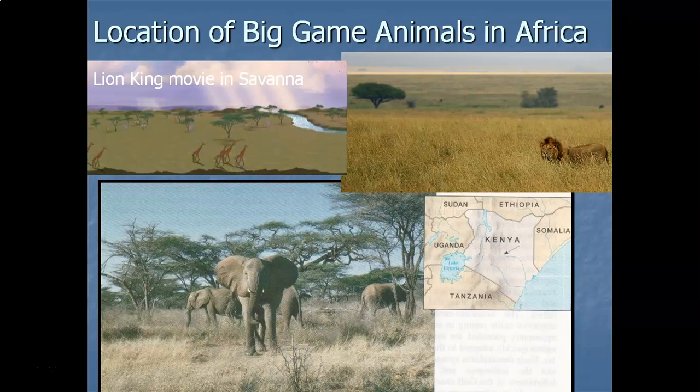Then what happened? It started to rain, and magically, within minutes, the tropical savanna turned lush and green, and everything was renewed again. So the final scene of that movie I really like, because it really does demonstrate, in Disney form, the rain green environment of the tropical savanna.